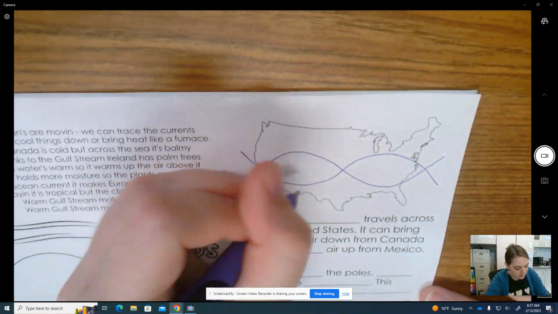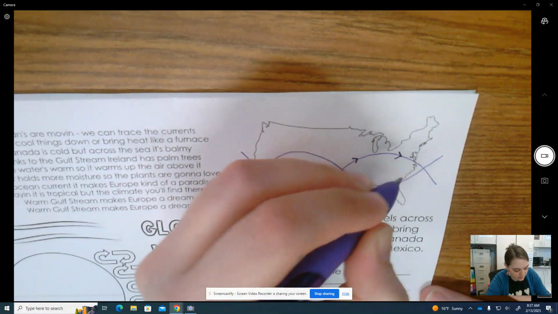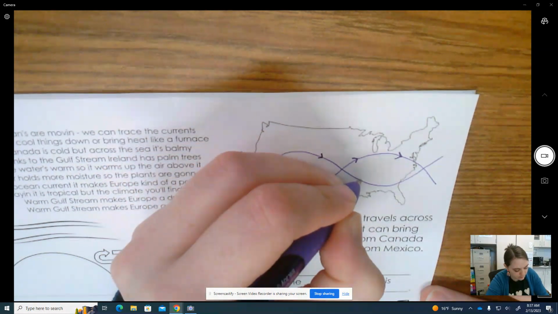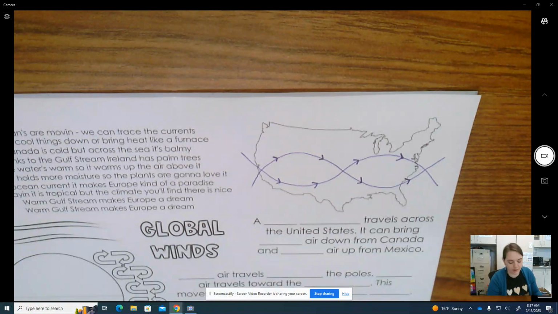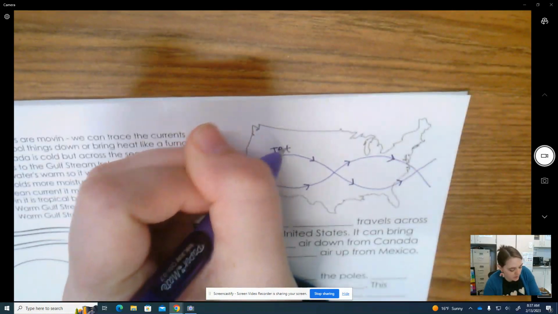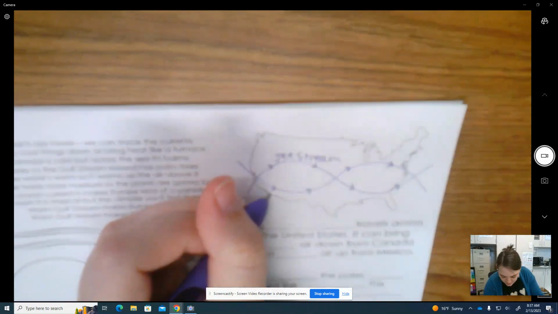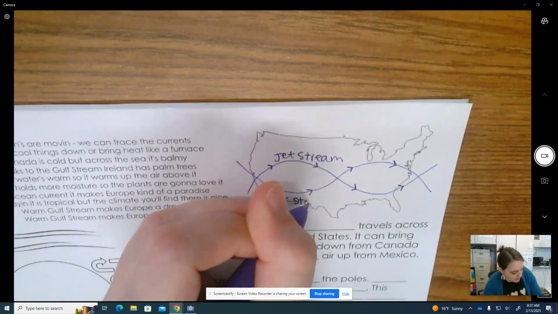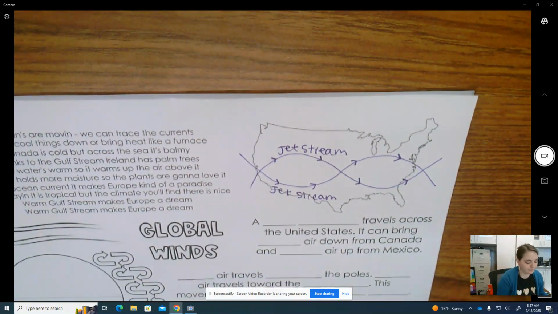And it's always from west to east. Always. Okay, so this is the jet stream, but also this is the jet stream as well.